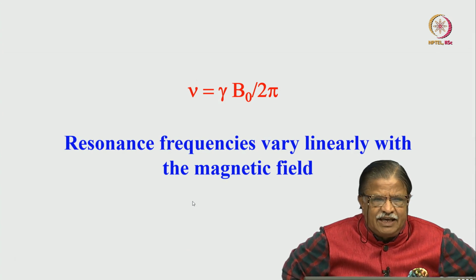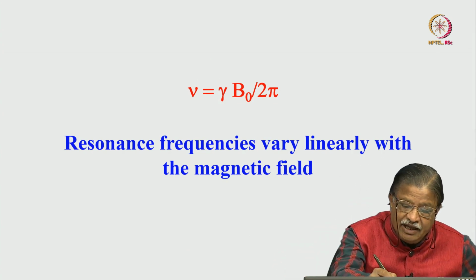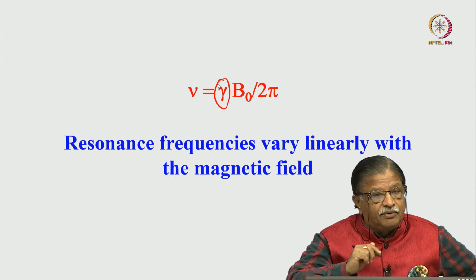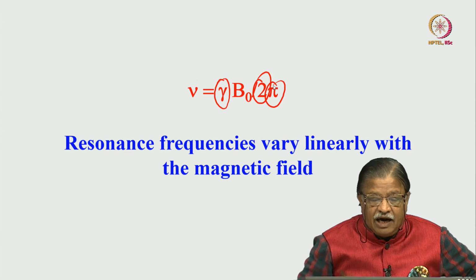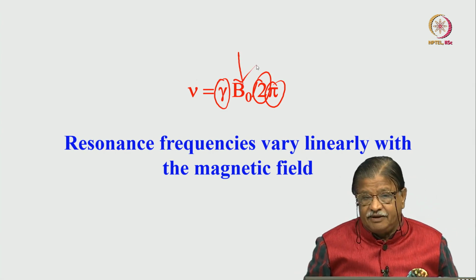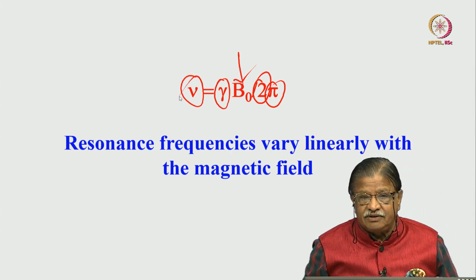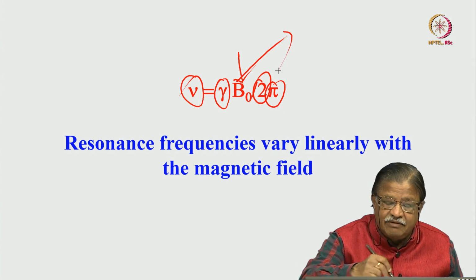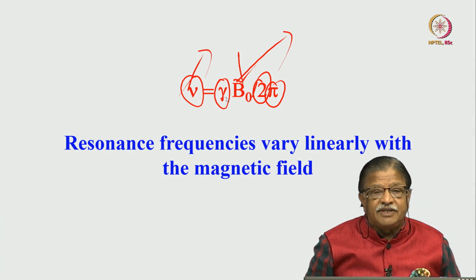So, this is the basic resonance equation, and as you can see here, nu is constant for a given nucleus. 2 is a constant, pi is a constant, and of course, the magnetic field you can keep constant, there is no need to vary it. That means the frequency is constant. Now, I will double the magnetic field. What will happen? This will get doubled because the other 3 parameters remain the same.